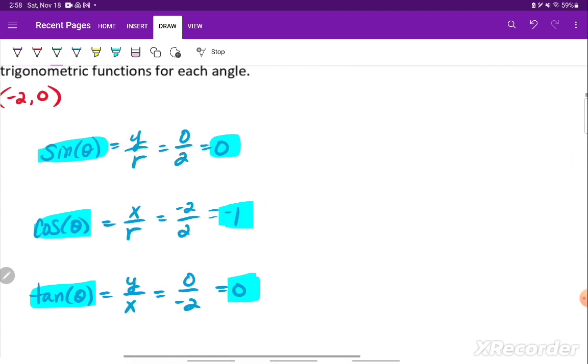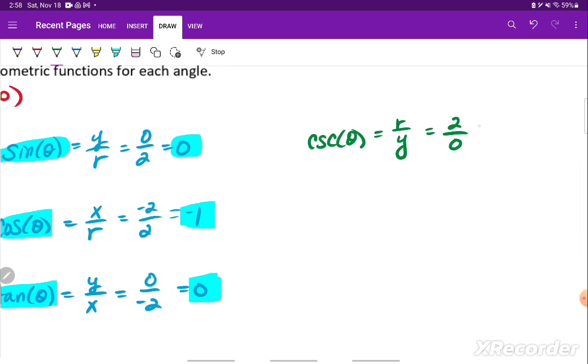And now on to our reciprocals. The reciprocal of sine is cosecant. It's r over y, which is 2 over 0, and we've got a problem. Right? 0 in the denominator causes this to be undefined.